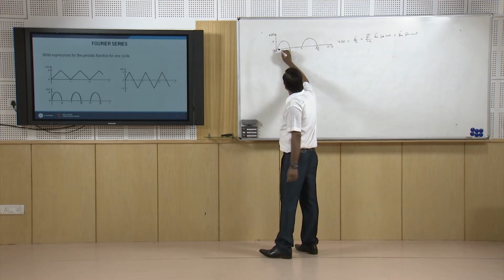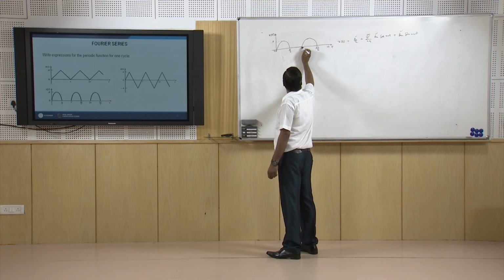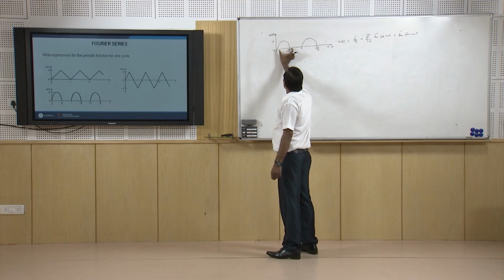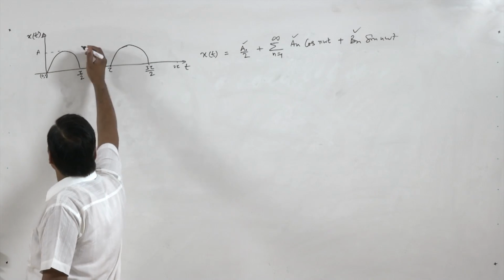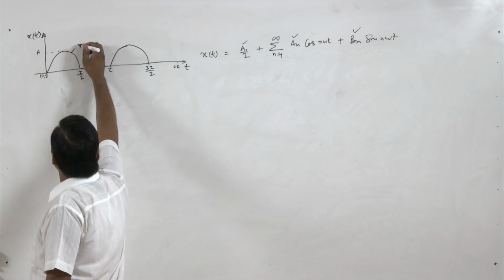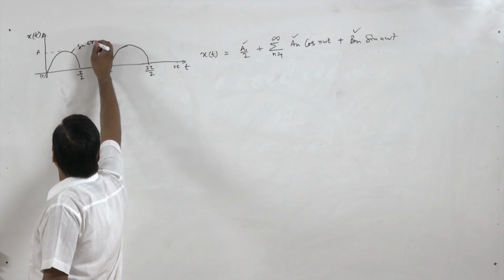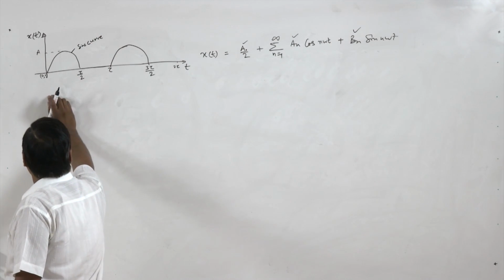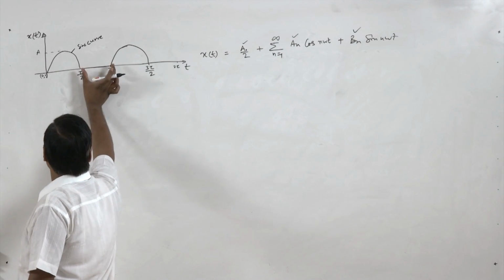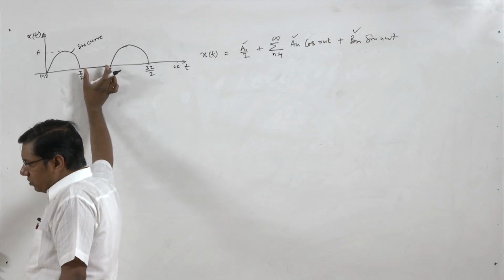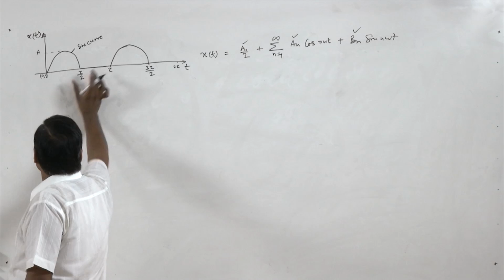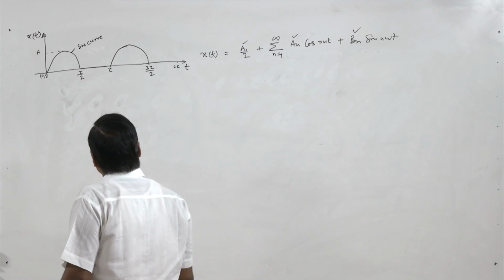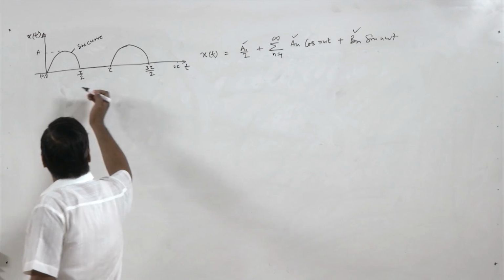We see that this function is repeating itself after this tau. In the half cycle, let's say, it seems to be a sine curve. So in the half cycle it is sinusoidal, in the other half cycle it is 0. So we can write this function.